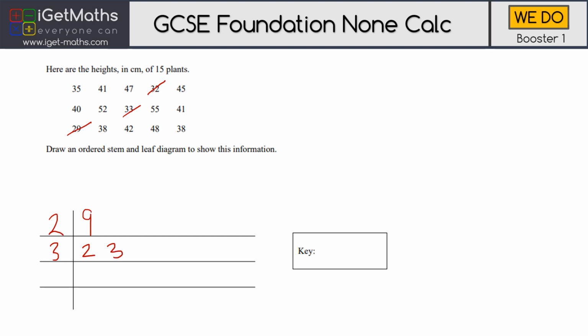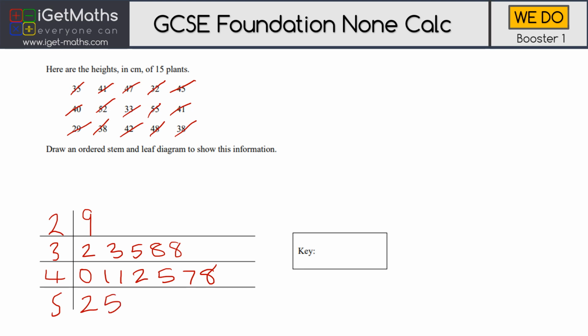We've got 35, got a 38 twice, and then we're going to go into the 40s, so we've got 40, got 41 twice, got 42, we've got 45, 47, 48, and then we've got 52, and then we've got 55.